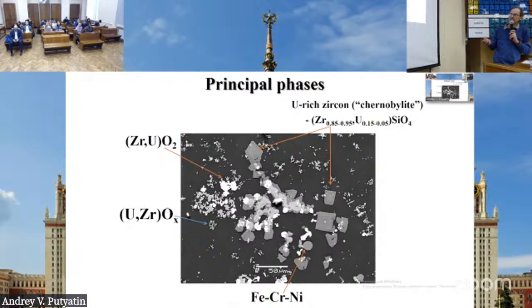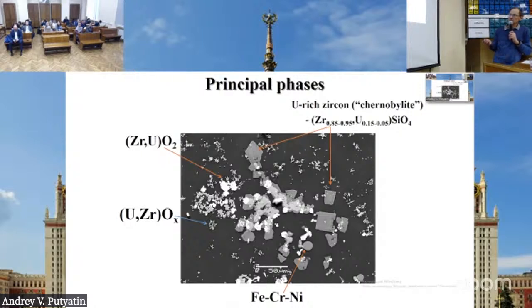But nevertheless, it has all features of initial uranium dioxide fuel, but with some admixtures of zirconium, sometimes with iron and some other elements. We have oxides. Basically zirconium dioxide, very often, in most cases, with admixture of uranium. So of course, this is a product of oxidation of the cladding.